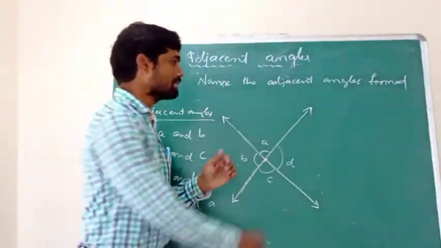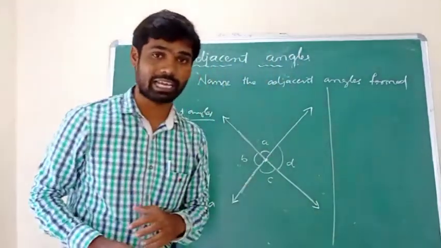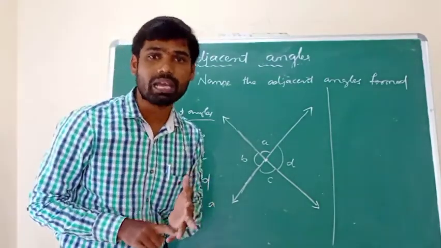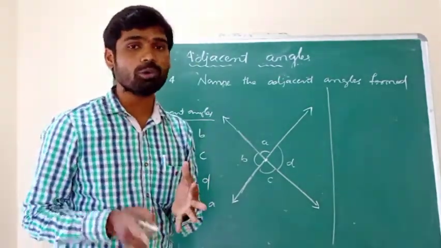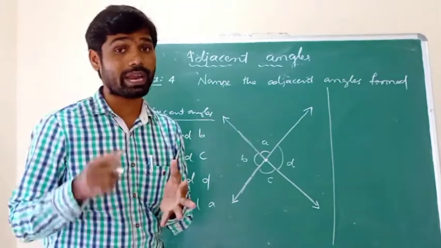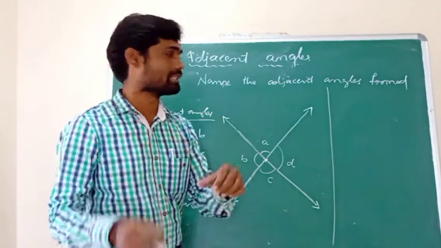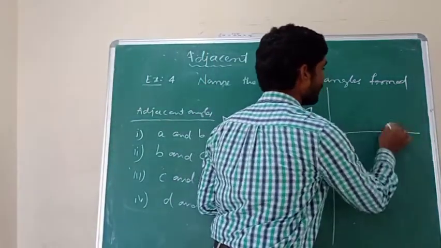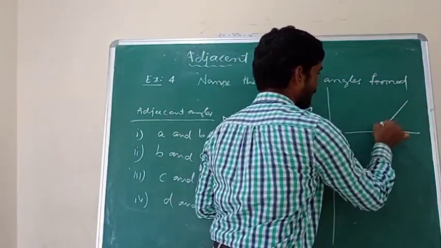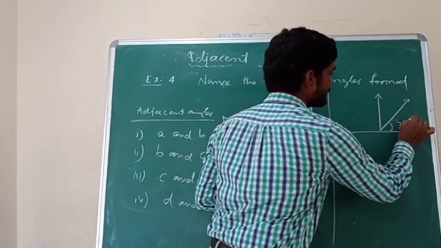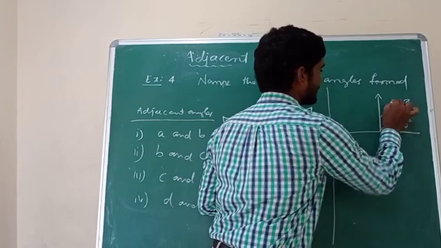Next, two adjacent angles can be complementary or supplementary. Let us see how two adjacent angles are complementary. Complementary means 90 degrees. See here, it is 30 degrees and it is 60 degrees.